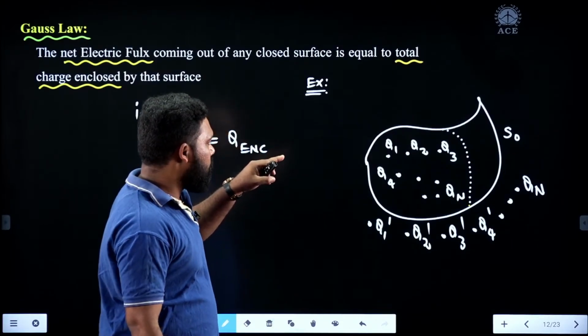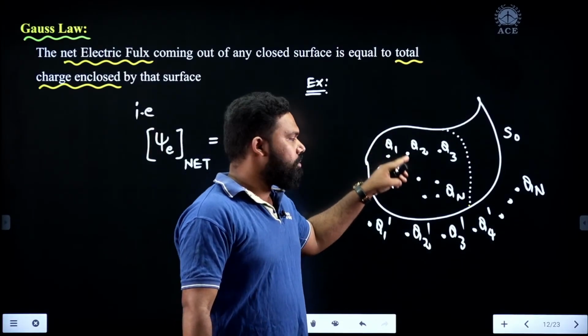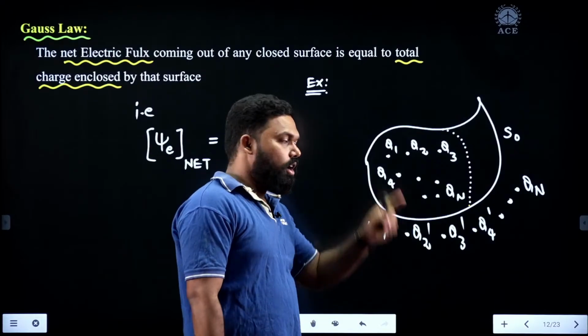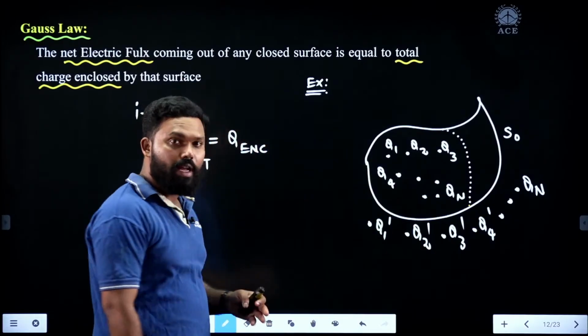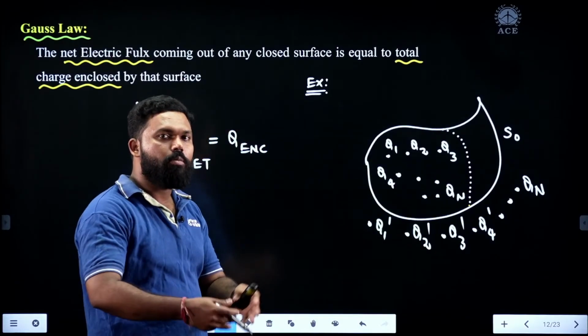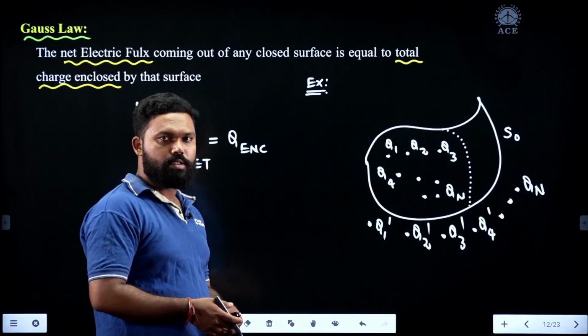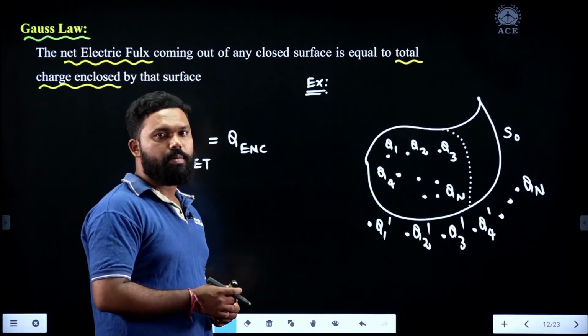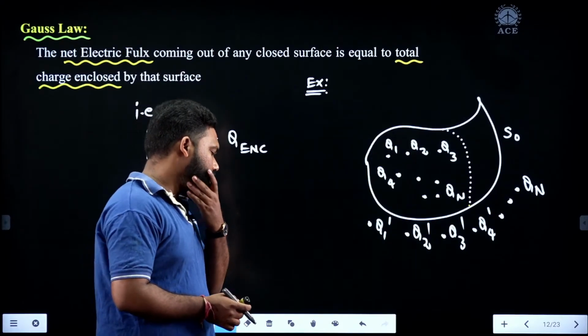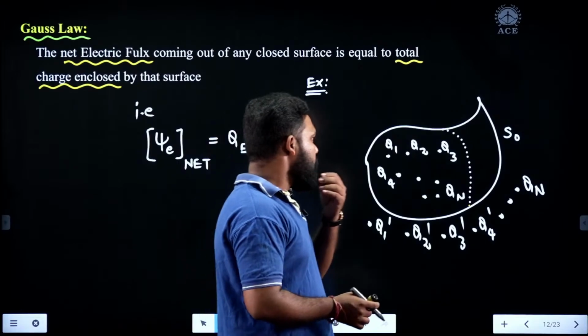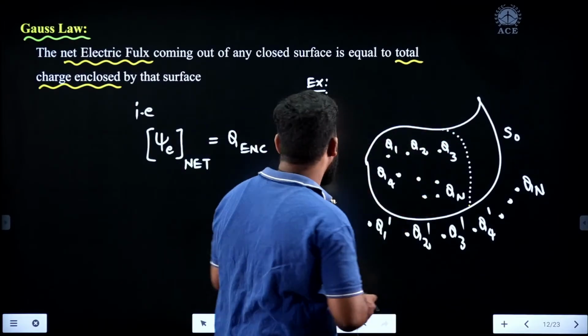Now, what is the net electric flux coming from the S0 surface according to the Gauss law? To put it in simple words, flux is the number of electric field lines crossing the surface. That is how you can interpret the flux.